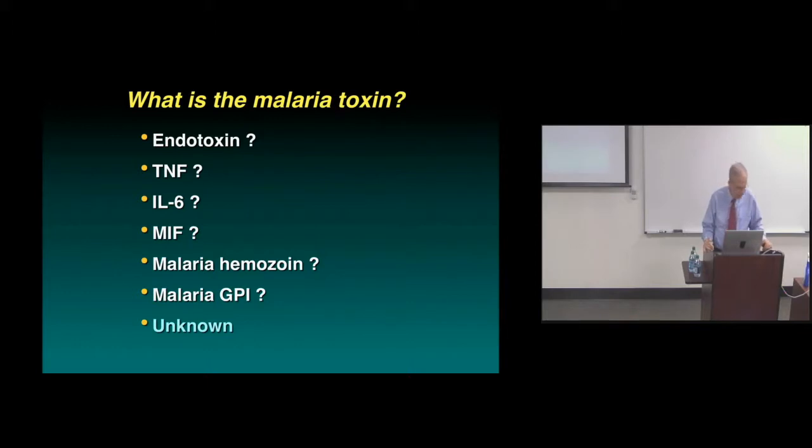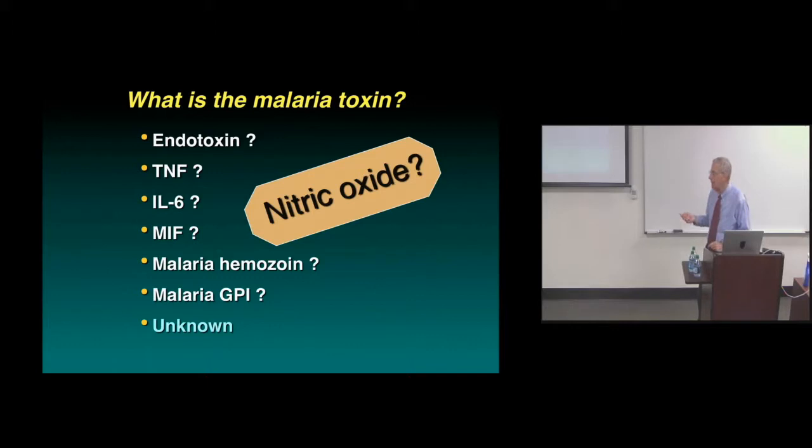All of these have been talked about and published about as being related to the toxicity that people have when they have malaria. And then in the 70s or so, as nitric oxide biology became more important, several people stated that they thought that nitric oxide was the malaria toxin.